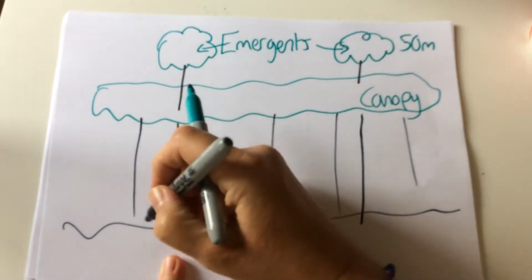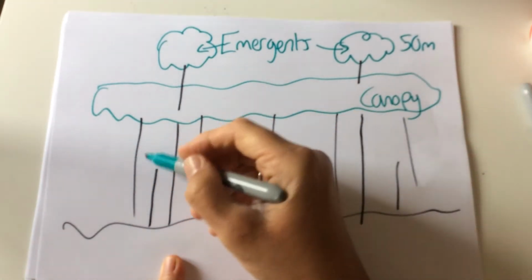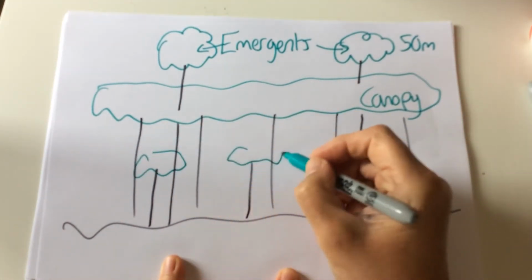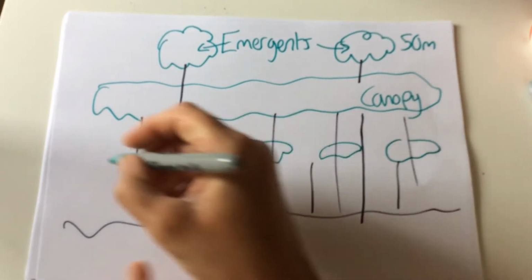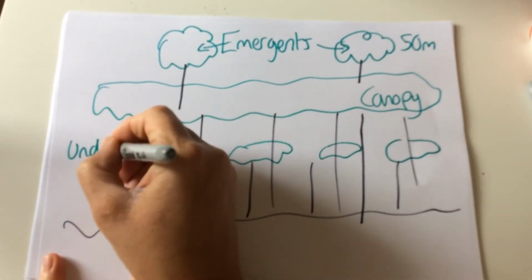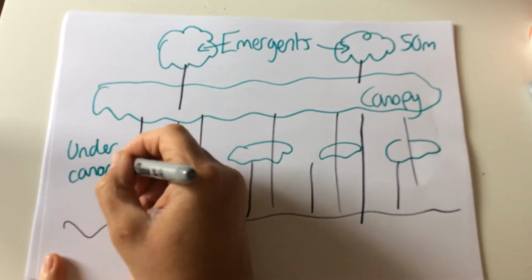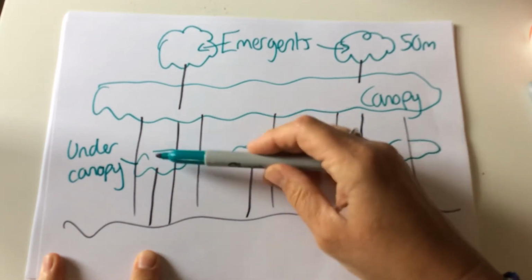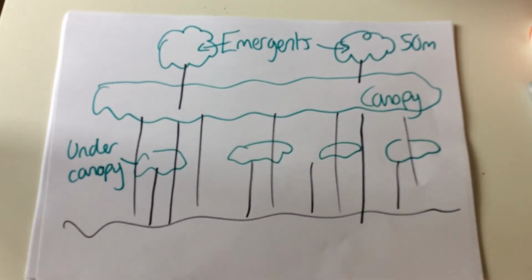underneath here, about halfway up to the canopy, there is a layer which is called the under canopy. The under canopy is made up of smaller trees, and obviously they're growing up and trying to get up there. They want to be in the canopy. We'll talk about that in a minute.